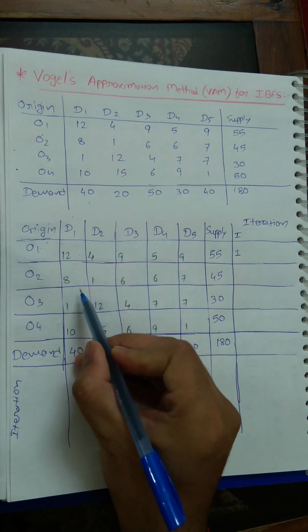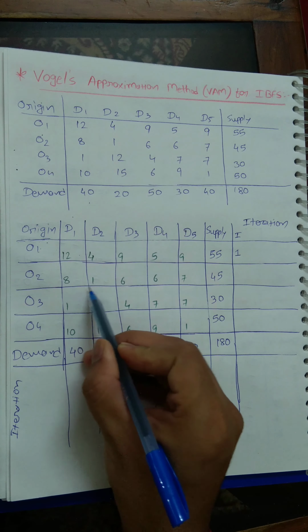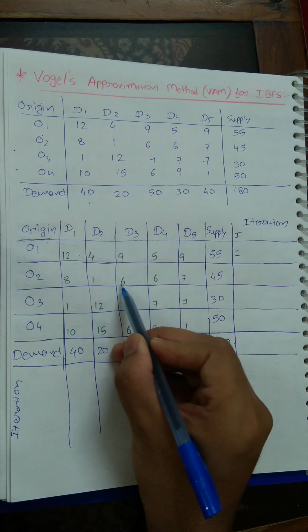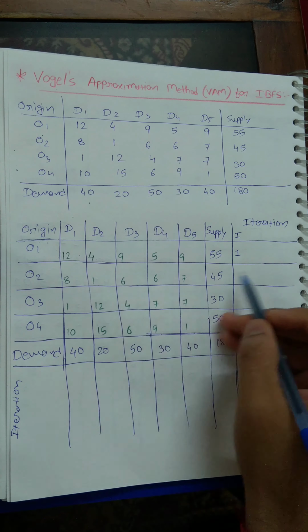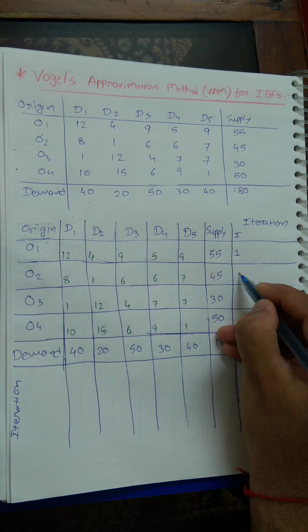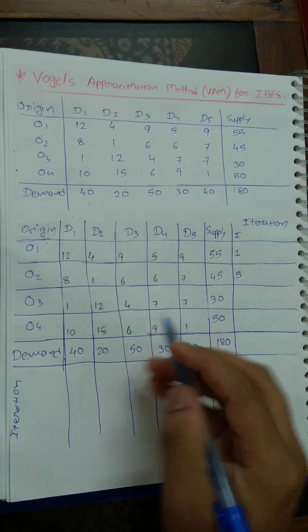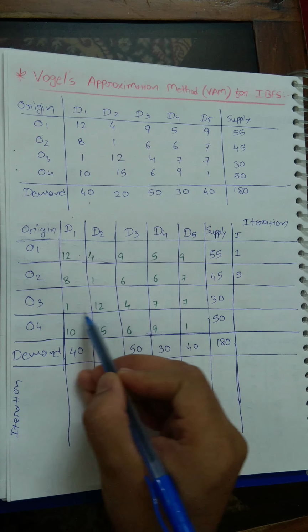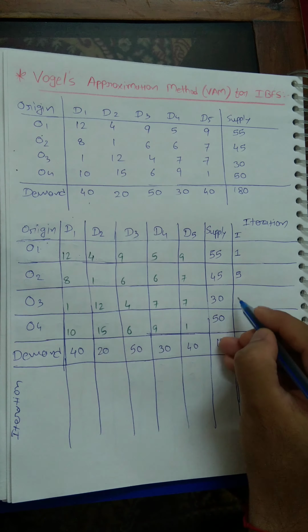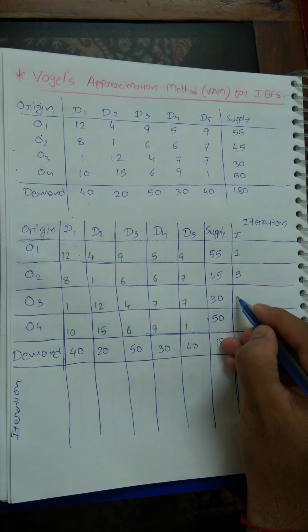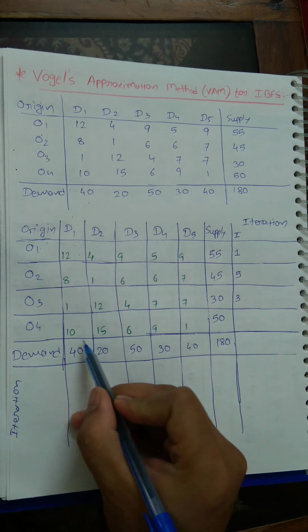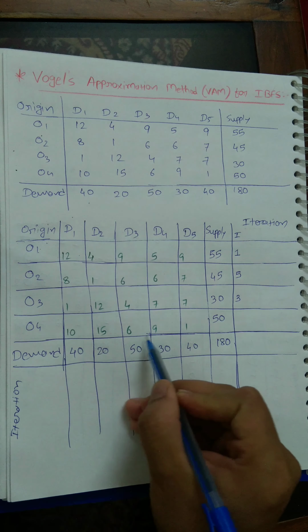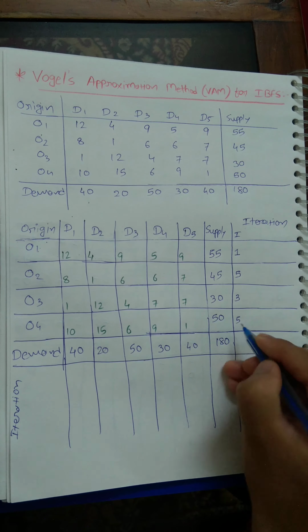For the second row the two least costs are 1 and 6, so 6 minus 1 equal to 5. For the third row it is 4 and 1, so 4 minus 1 equal to 3. And for the fourth row it is 1 and 6, so 6 minus 1 equal to 5.